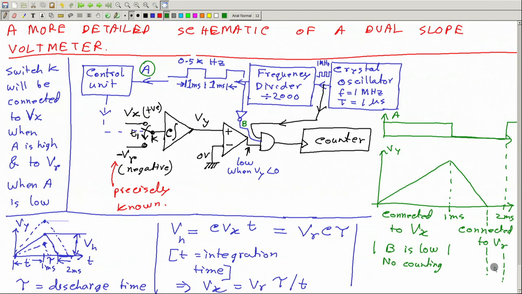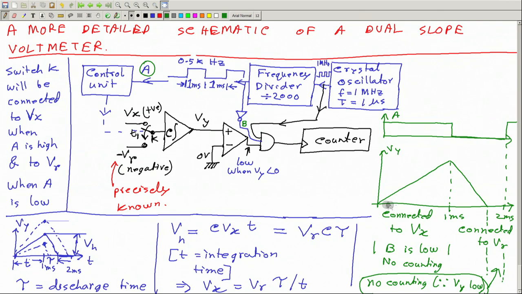No. So here also no counting, since Vy is low. So in this time, the output from the comparator is low, so no counting happens.